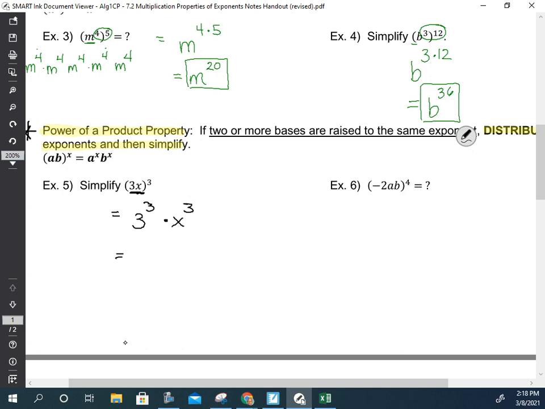Now we work it out. 3 to the third power is 3 times 3 times 3. What's 3 times 3 times 3? It's 20 something. It begins with a 2, but it's not 24.